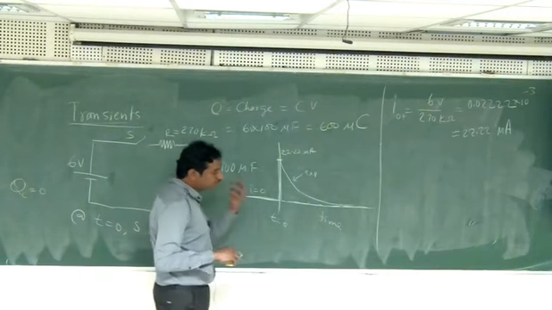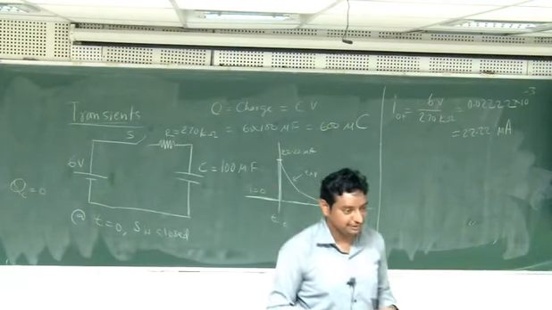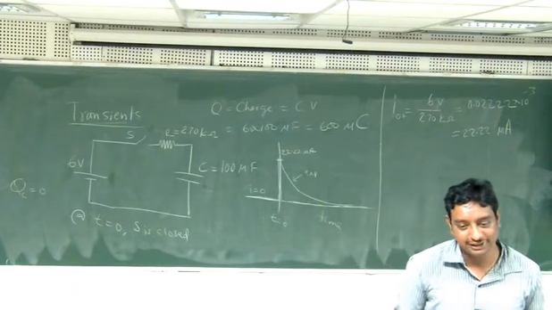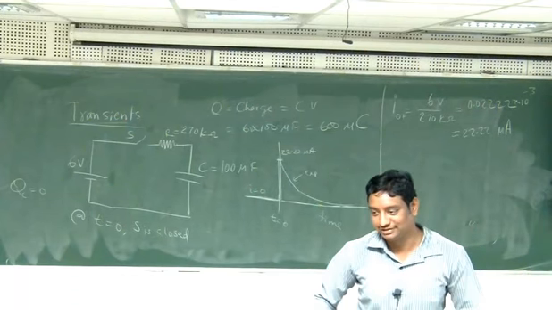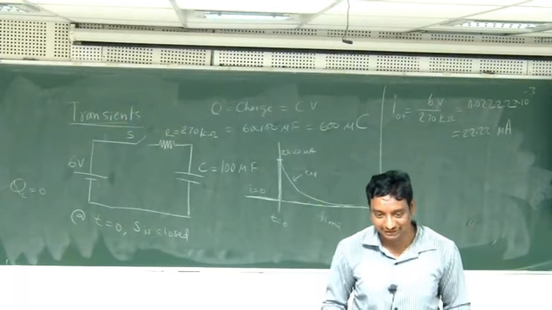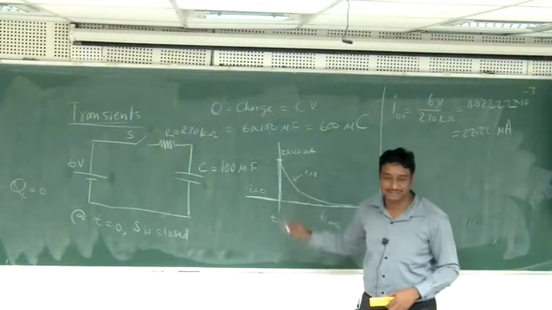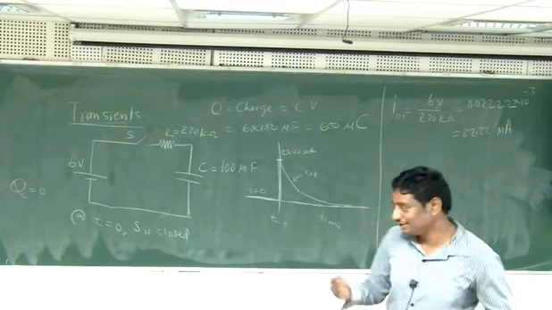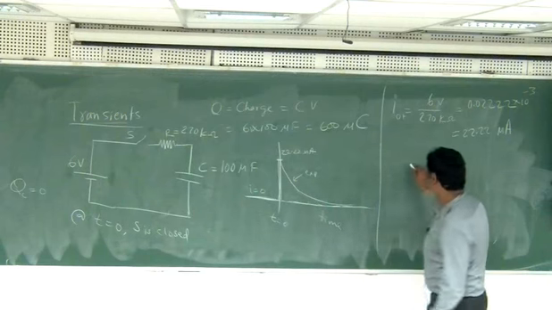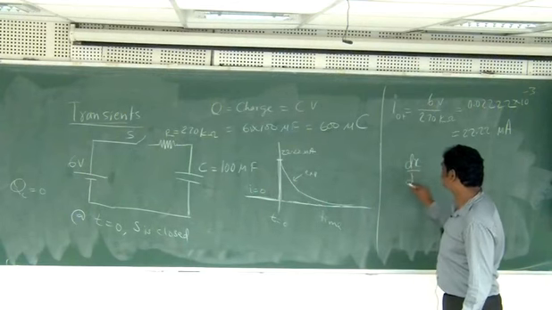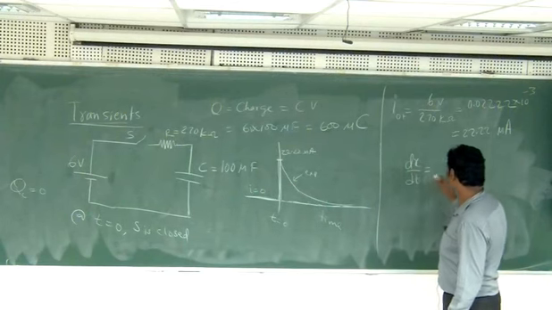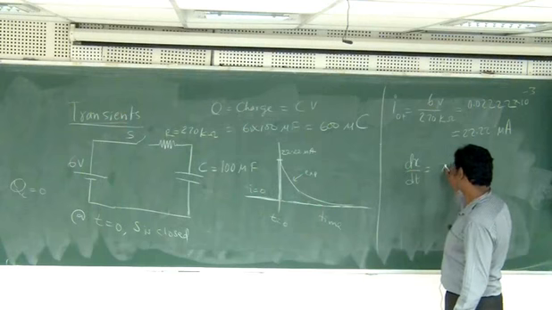Whenever you hear that kind of statement, the more it is, the more it wants, or the more it is, the less it wants, the solution will be an exponential curve. I'll give you an example, maybe dx by dt is equal to x.